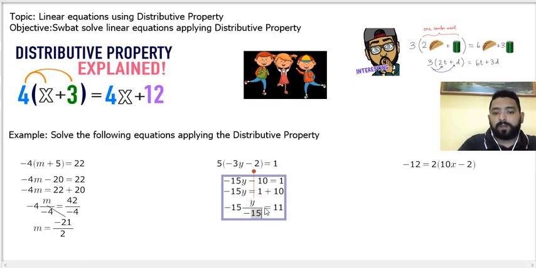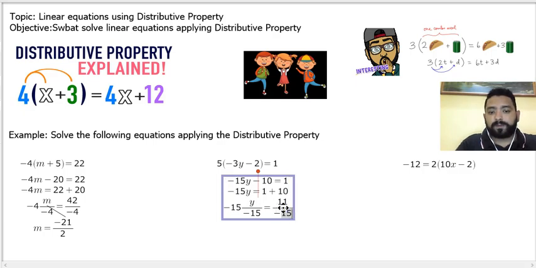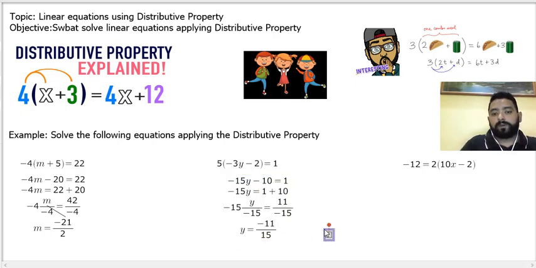If you divide by negative 15, you need to divide the other side by negative 15. So at the end, we are going to have y equal to 11 over 15, and this value is going to be negative. And the answer is negative 11 over 15.